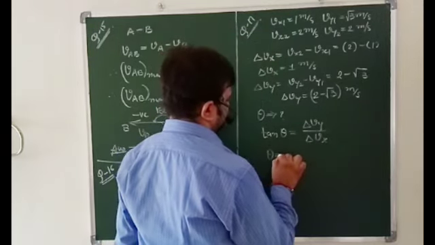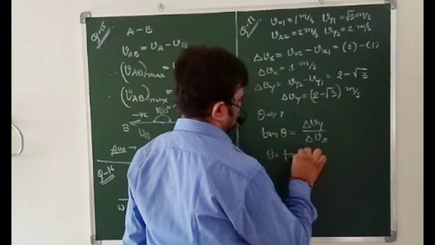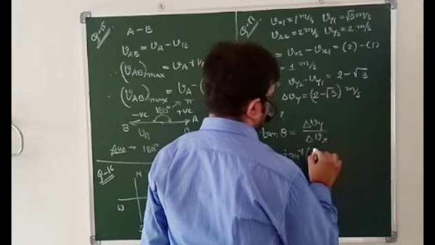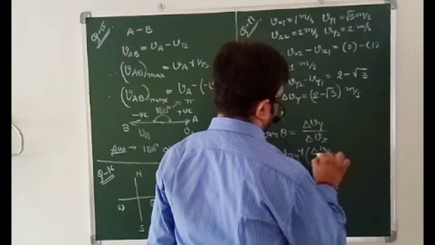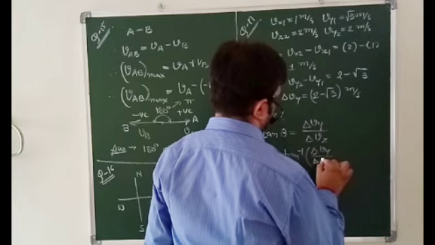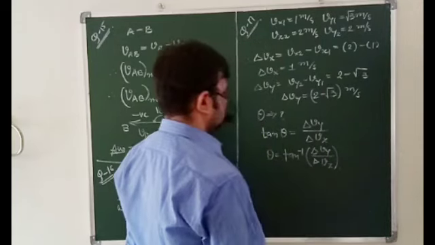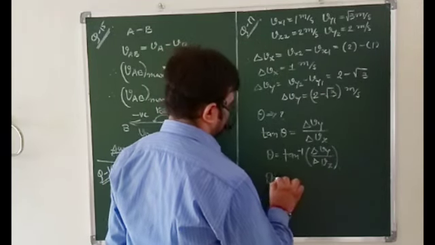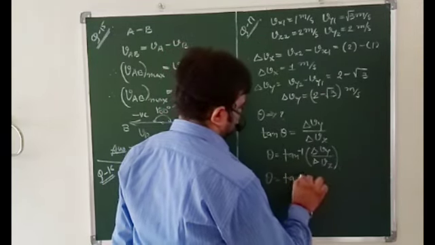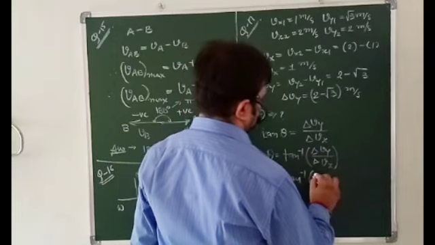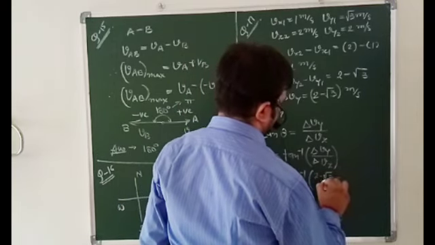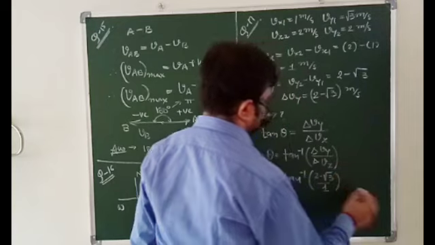So theta is equal to tan inverse of delta Vy divided by delta Vx. So here theta is equal to tan inverse of 2 minus root 3 divided by 1.